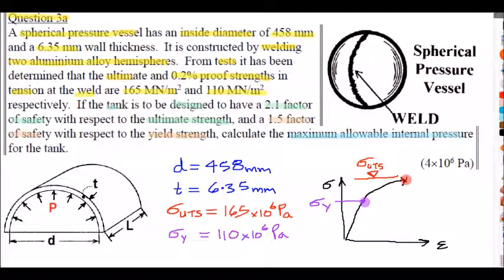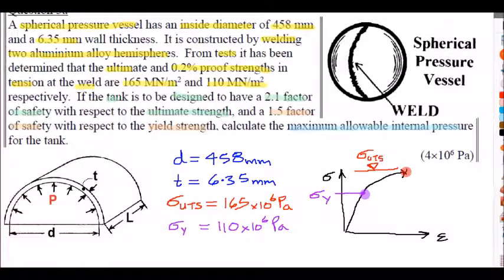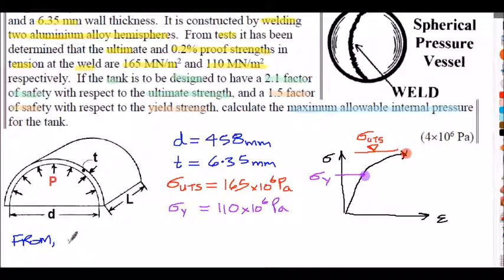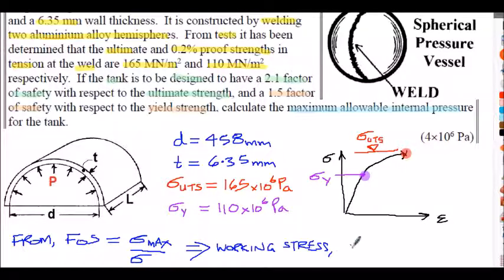So we know factor of safety is the maximum allowable stress divided by the working stress. So what we've got to do is find the working stress. The FOS, factor of safety, is equal to the maximum allowable stress divided by the working stress. We're going to have to transpose that to find the working stress or the permissible stress, that's normally sigma.